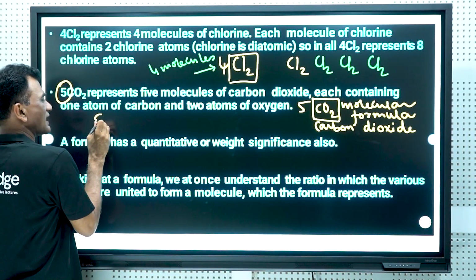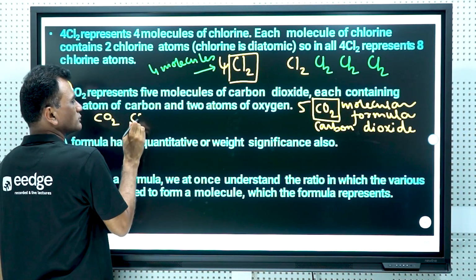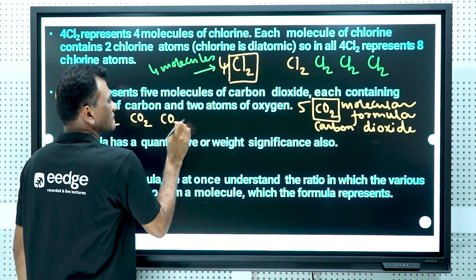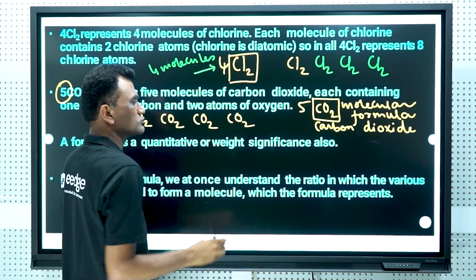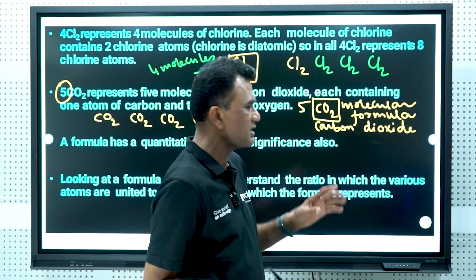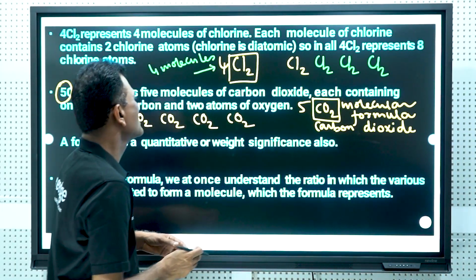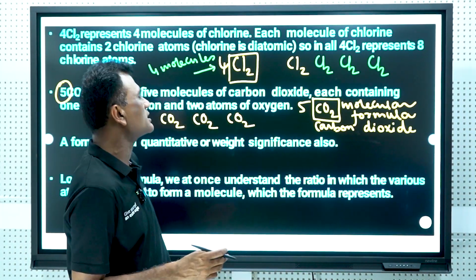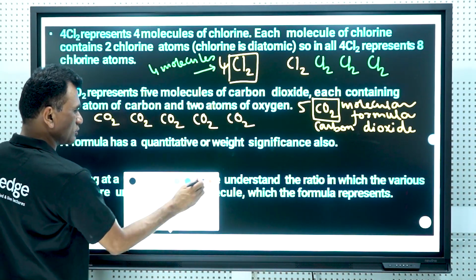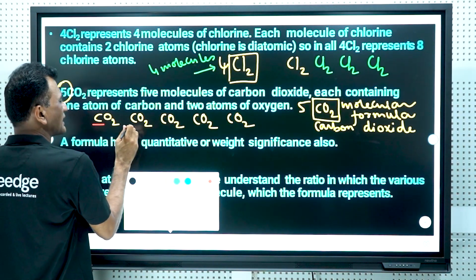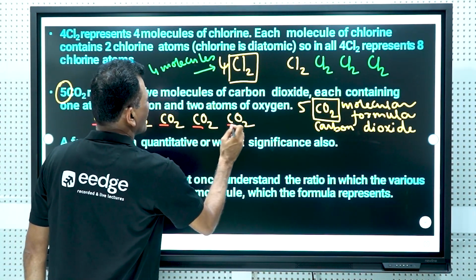So if we write CO2, one molecule, this is another molecule, this is another molecule, this is another molecule, and this is another molecule. For those who are weak in calculation and maths, I am writing this. So for those who don't understand what I am doing here, these are 5 molecules of carbon dioxide. Okay, so if we count one carbon atom, 2, 3, 4, 5, right?